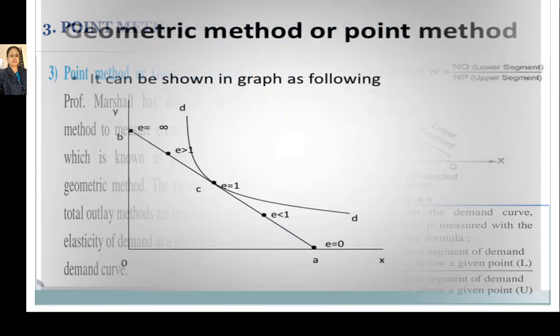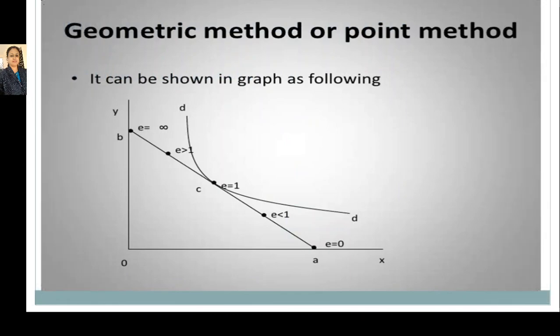Next, this is the demand curve. It can be shown in the graph as follows: a demand curve from B to A. The demand curve DD will intersect this linear straight line at point C, and if we have to find out the elasticity at point C, we get the lower segment value CA and the upper segment value CB.